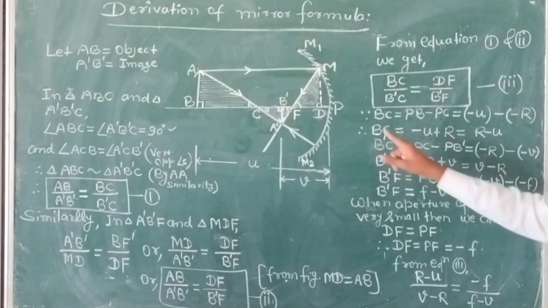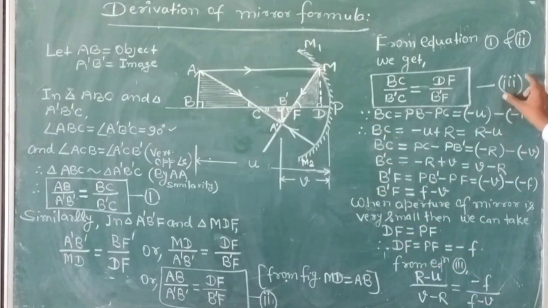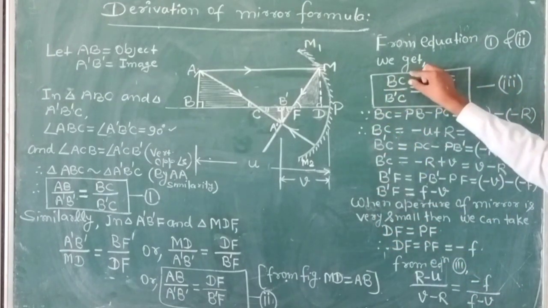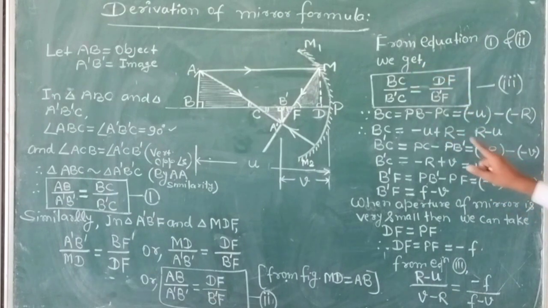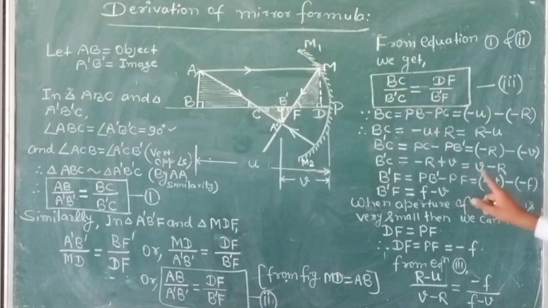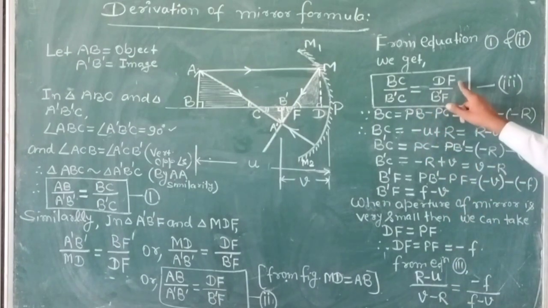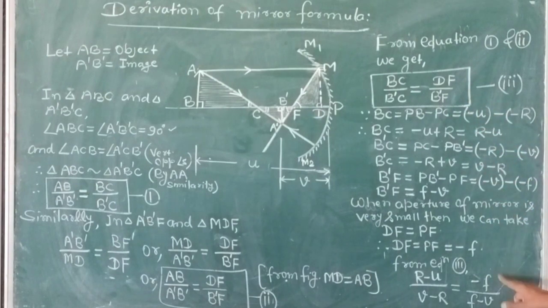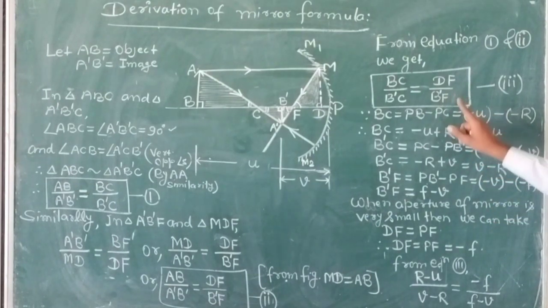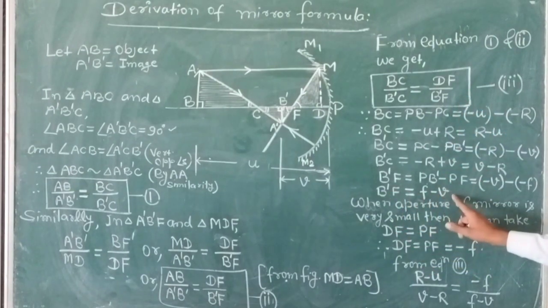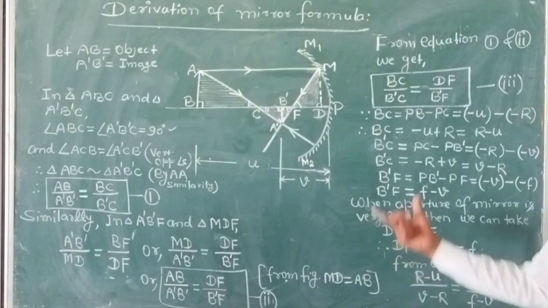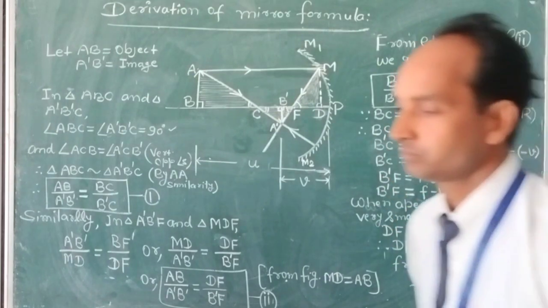Now putting all these values in equation three, in place of BC we write R minus u. In place of B dash C we put v minus R, and in place of DF we put minus f, and B dash F equals f minus v. Now we will solve these relations to get the mirror formula.